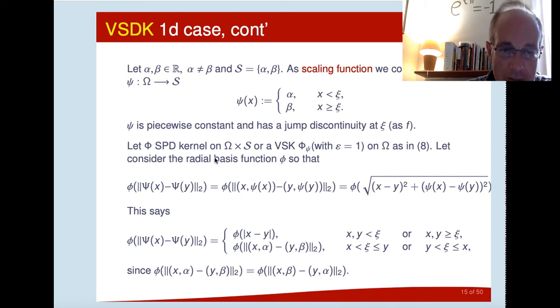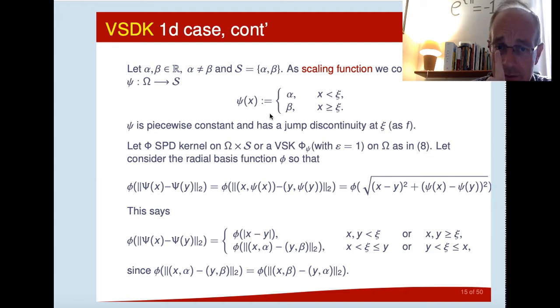So, going back to our construction, the function Psi is defined on Omega times S. Now S is the set where we have the two values of our function.